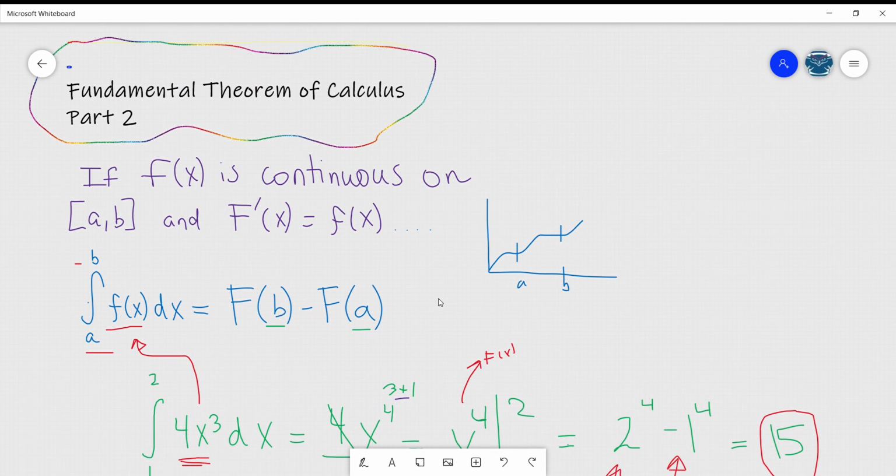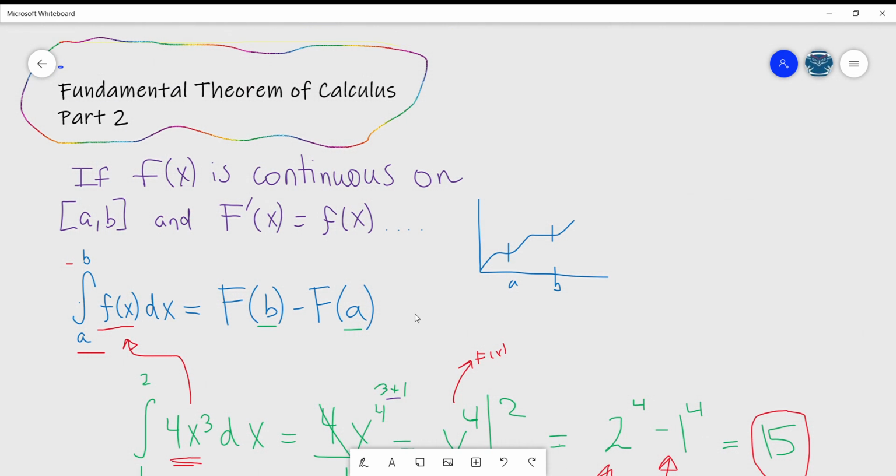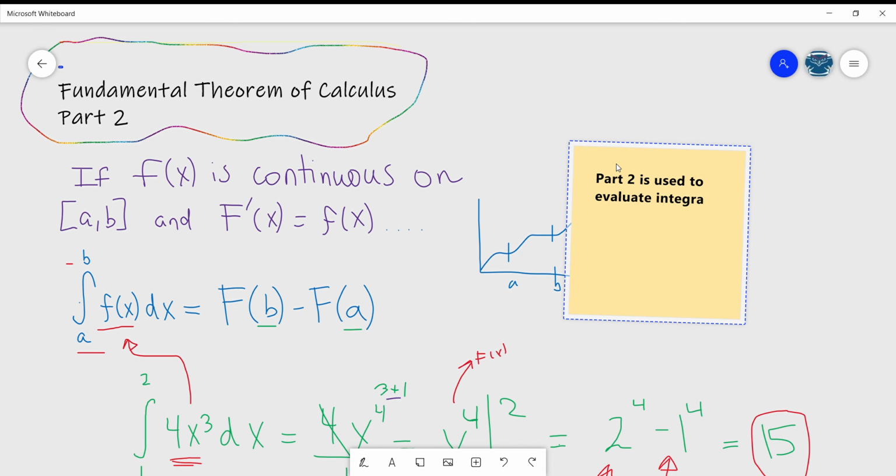You just haven't realized it. So you use Part 2 to evaluate integrals. And that's pretty much it.